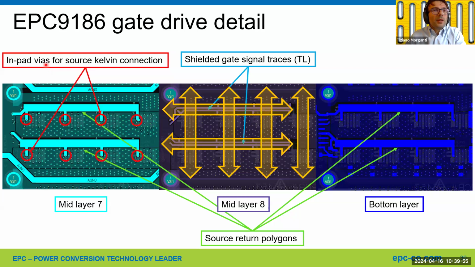Also, to connect the return polygons, we used a sort of Kelvin connection to avoid that the power loop currents are circulating in the gate return polygons.